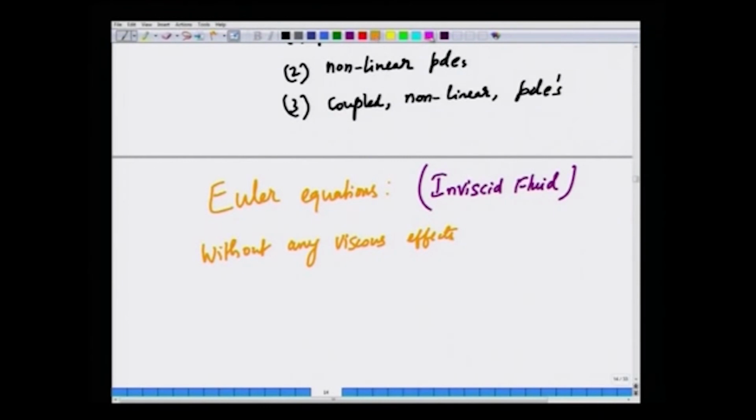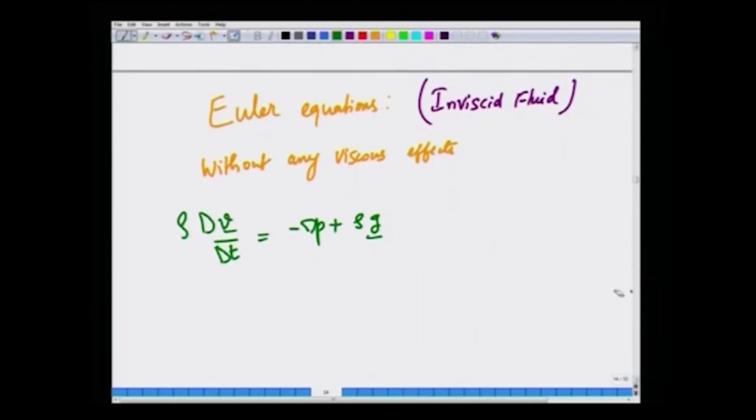So, what are the equations for such a fluid? Well, it is rho dV by dt is minus grad P plus rho g. These are the Euler equations, but if you want to, of course, expand out the substantial derivative in order to clearly see the nonlinearity.